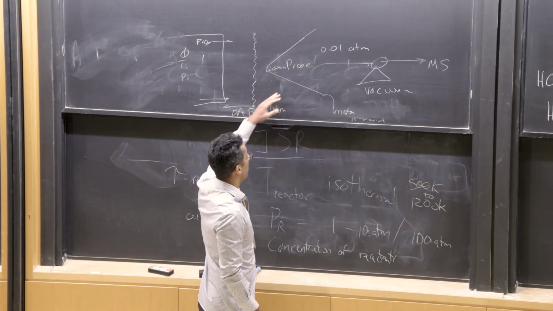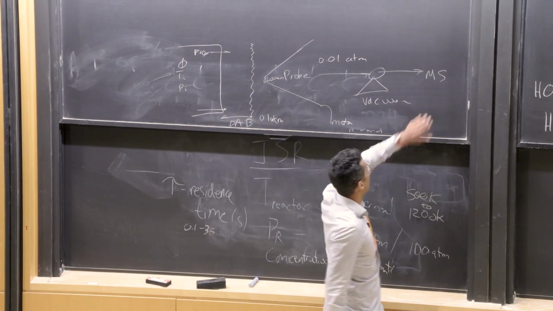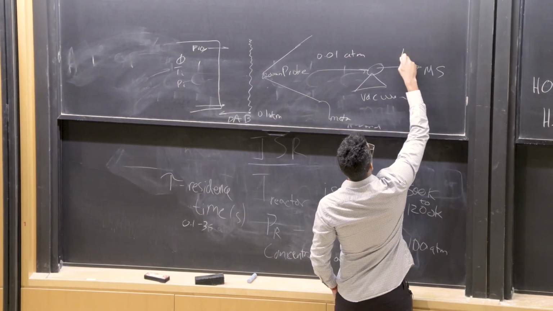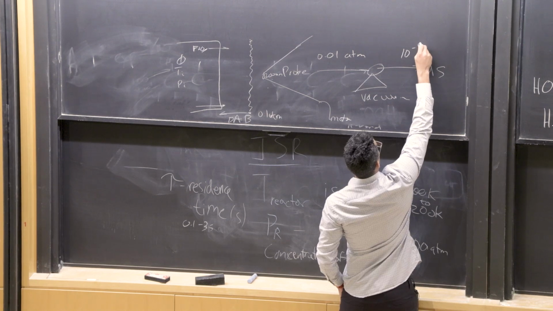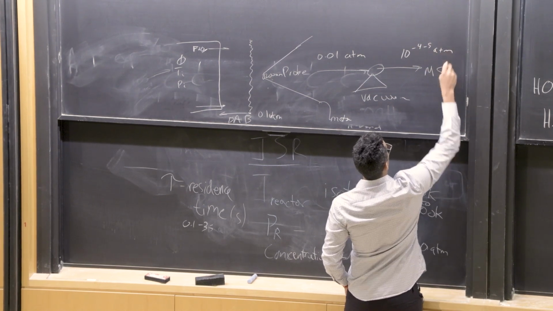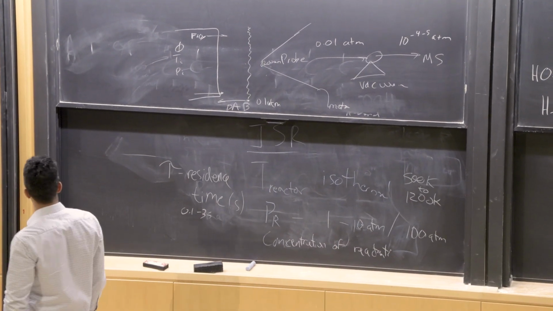Extremely low pressure inside of the probe. And then it's sent to a mass spec that's like 10 to the minus 4 to 5 atmospheres. Extremely low pressures. We call this molecular beam mass spectrometry, MBMS.